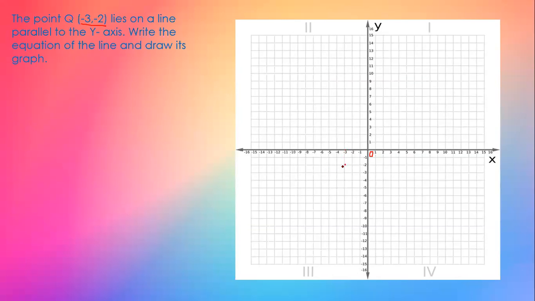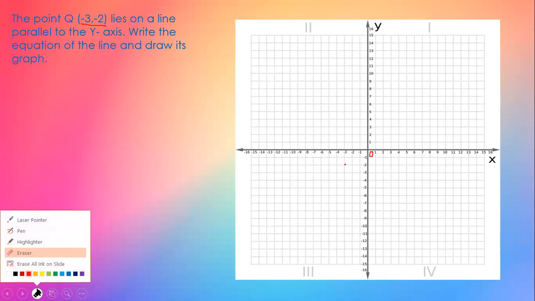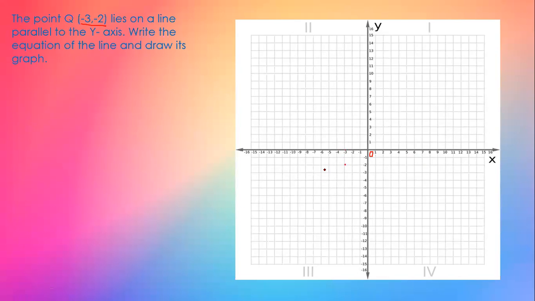So let us write the coordinate Q (-3, -2).